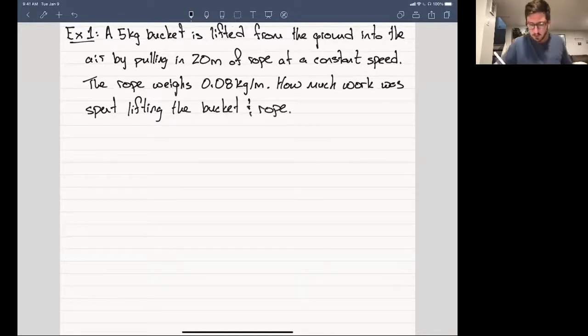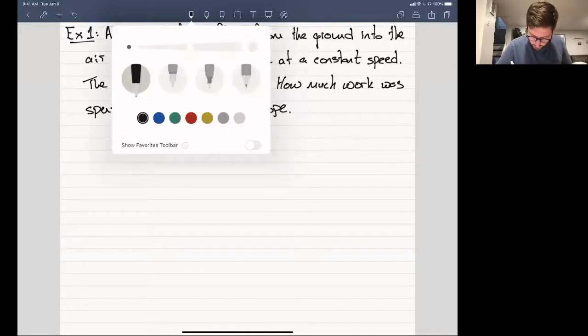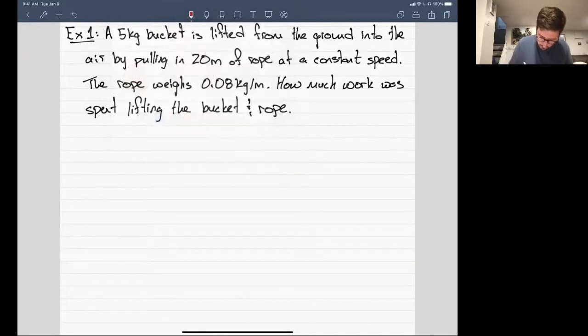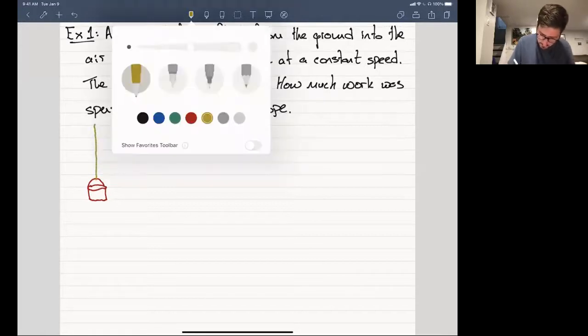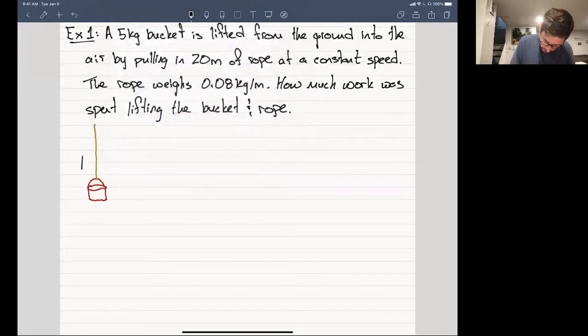Okay, so let me start with a little sketch of what we're looking at here. So we've got our little bucket, and this thing is on our rope. Yellow is supposed to represent a twine rope, maybe. And we are pulling this thing upwards.